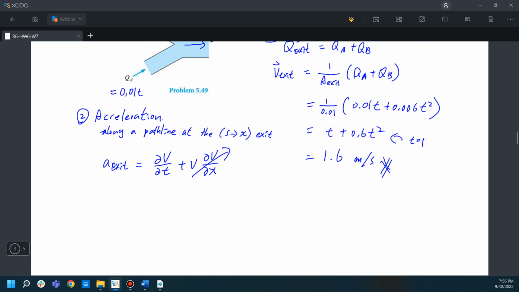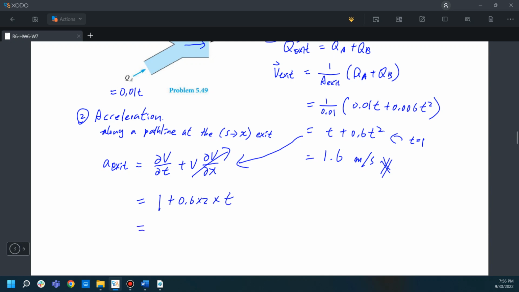acceleration. And because we already know that the velocity is equal to t plus 0.6 t squared, we can just take the partial derivative of this equation with respect to t. So we have 1 plus 0.6 times 2 times t.